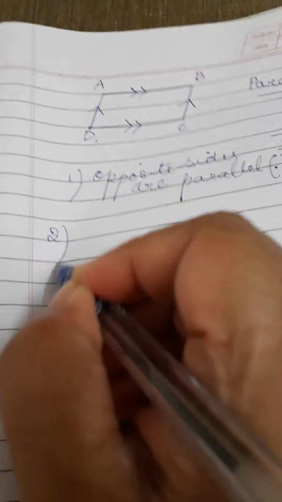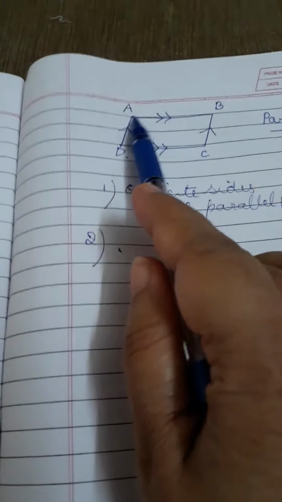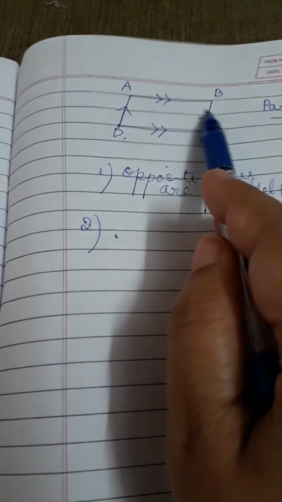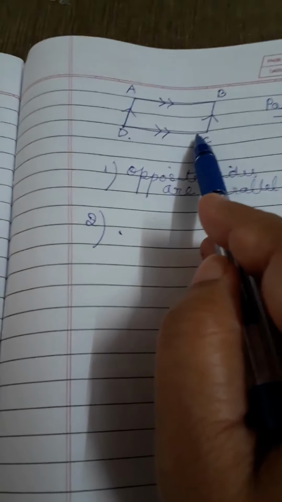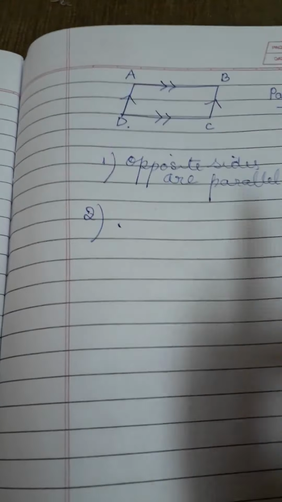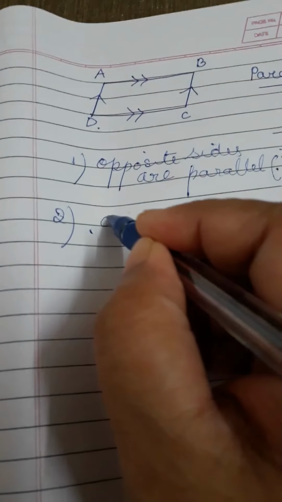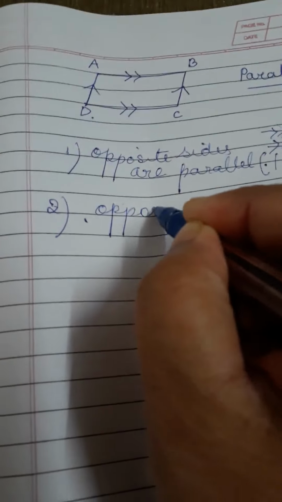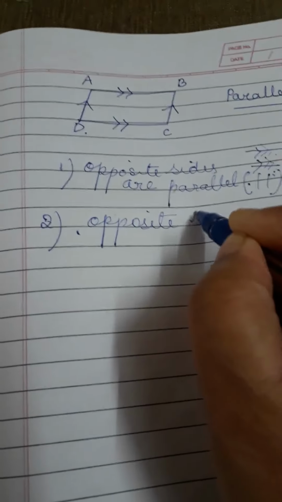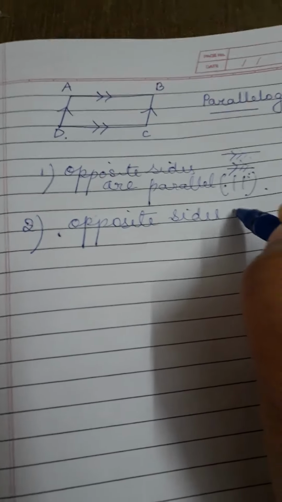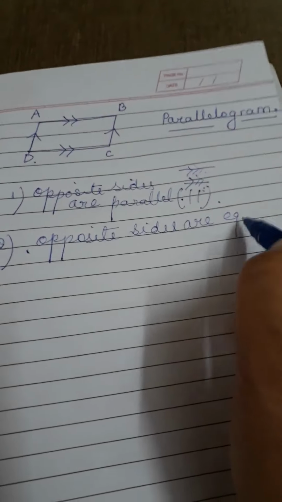I can even represent parallel with these two arrows, right? Now we will see the second property. The opposite sides AB and DC are equal and AD and BC are equal. The second property can be: opposite sides are equal in length.